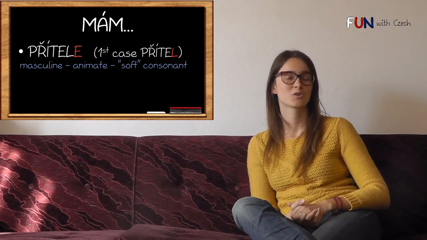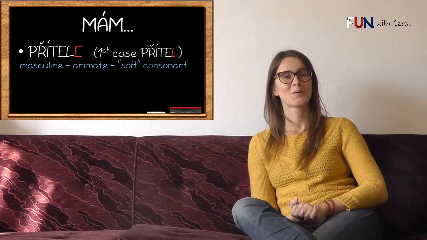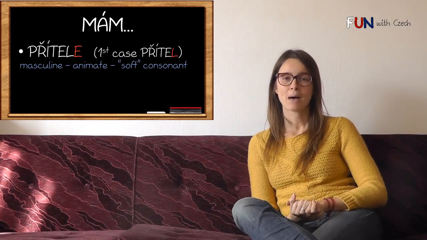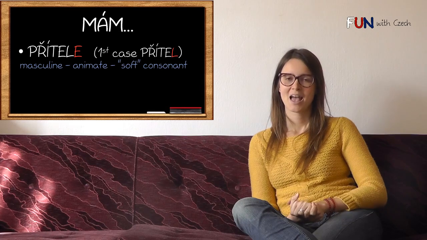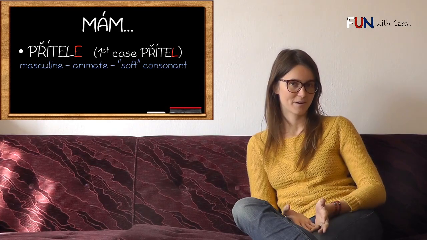So the ending is not gonna be a, but it's gonna be e. So the sentence will be mám přítele. I have a boyfriend.